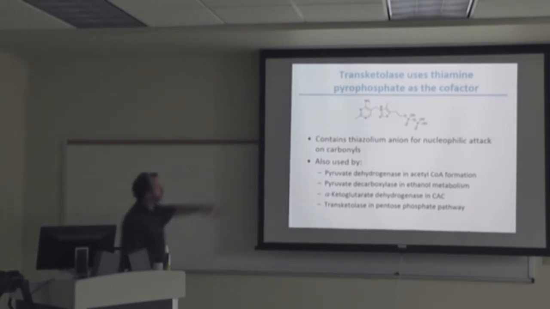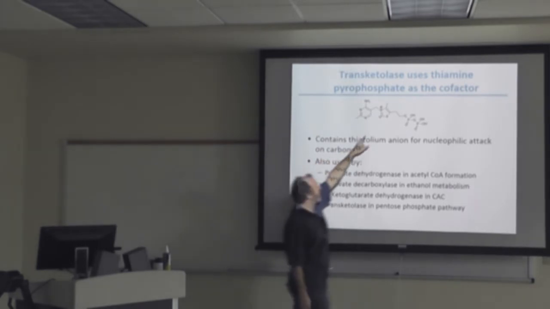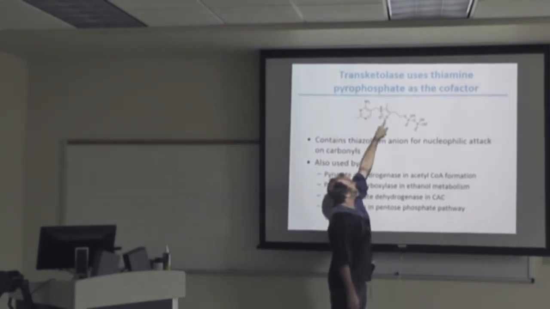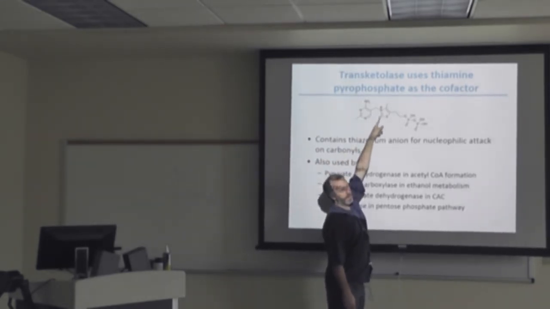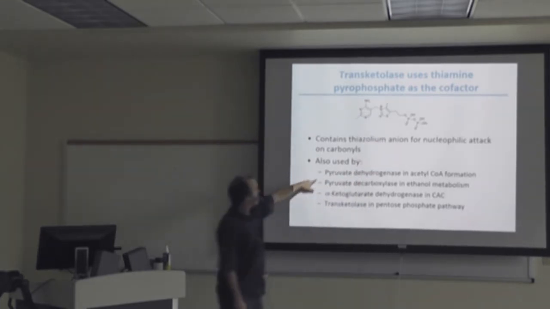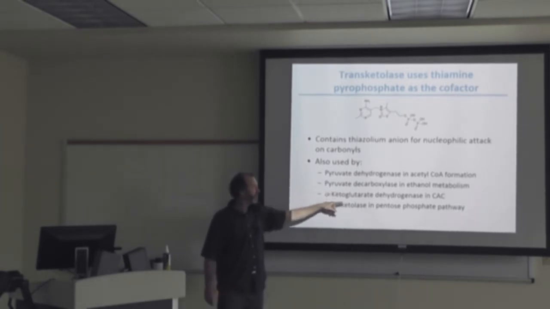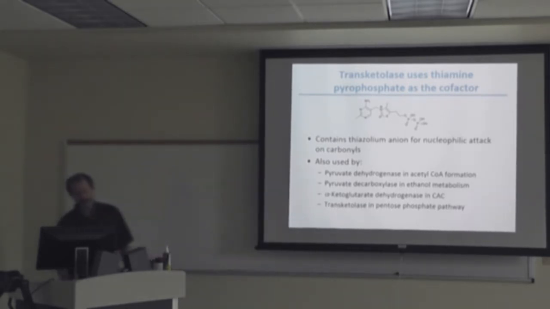It contains a thiazolium anion for nucleophilic attack. So this is that carbon, it's the thiazolium anion. The hydrogen here is acidic, so it stabilizes this anion. Also used by pyruvate dehydrogenase, pyruvate decarboxylase, and alpha-ketoglutarate dehydrogenase. Transketolase in the pentose phosphate pathway also.